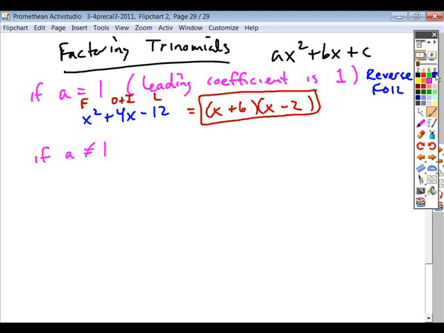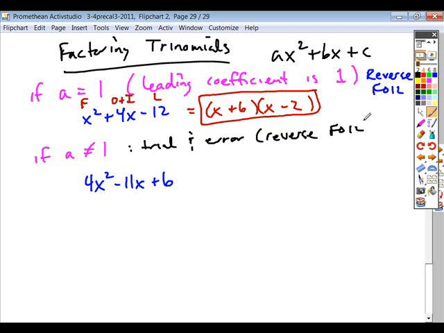Okay. You have two choices when this is the case. So let's take the example of 4x squared minus 11x plus 6. Okay. One possibility, and the one that you guys have probably been taught, is trial and error, which is just reverse foiling. Okay. And so again, if you're thinking, here's your F and L, your outer plus inner has to equal negative 11.